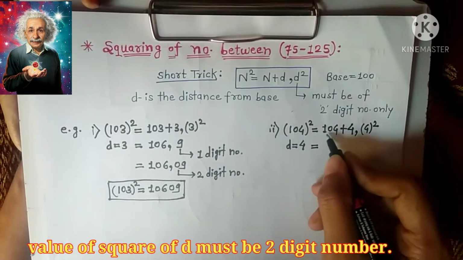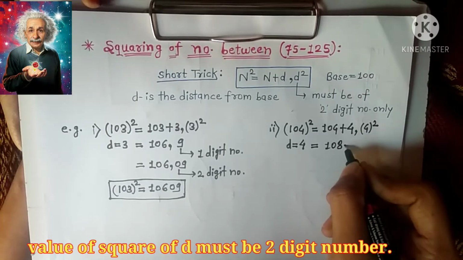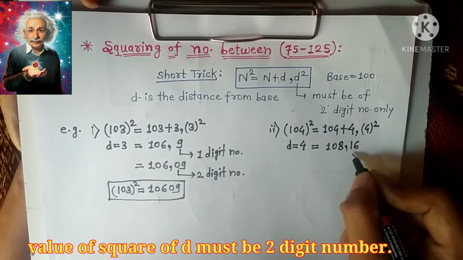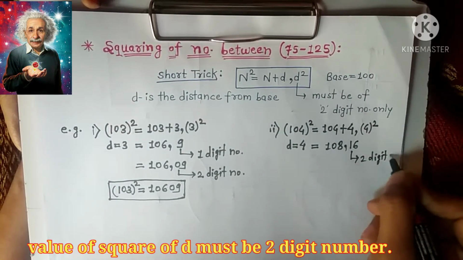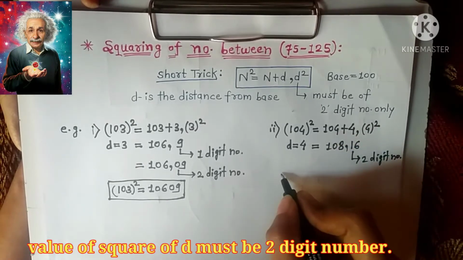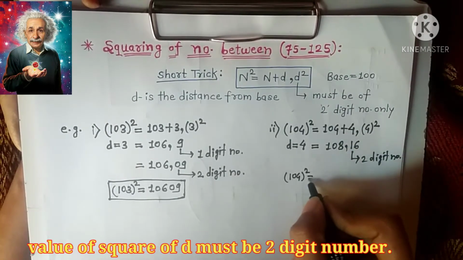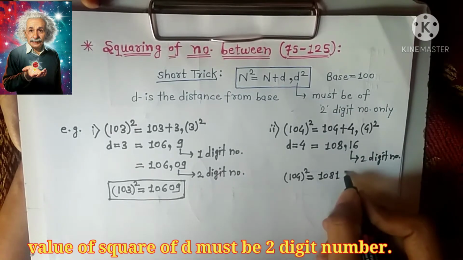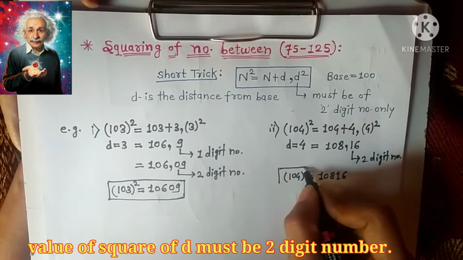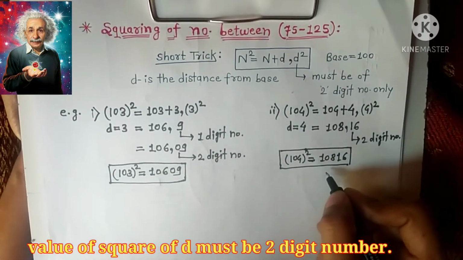Then we get 104 plus 4, 108 comma 4 square is 16. And this is already a 2-digit number. So the square of 104 we get as 10816. You can also check this answer on calculator and you get the same answer.